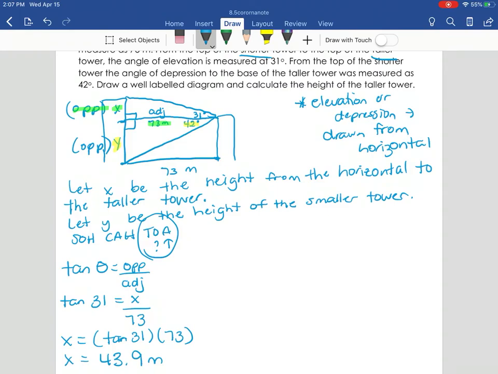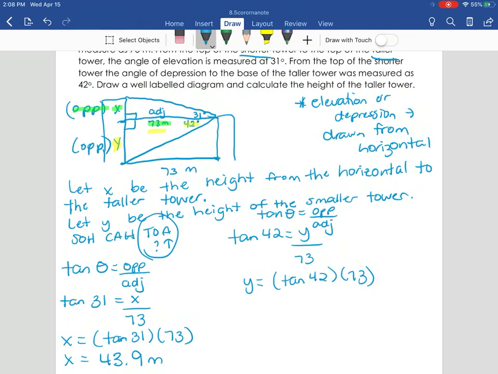In this case, the horizontal is the same as in the other one, so we're going to use this as our adjacent side for the 42. You can short form it a little bit if you prefer, because we wrote this one out over there. I would accept that. If you like to write out everything every single time, that's no problem too.